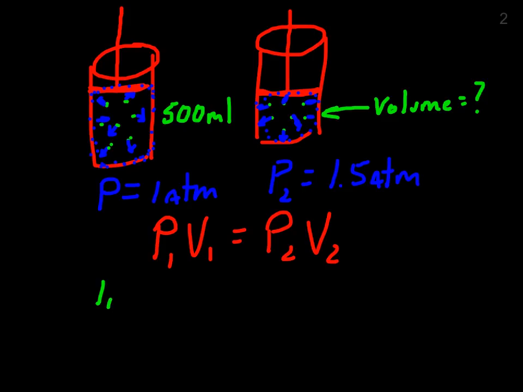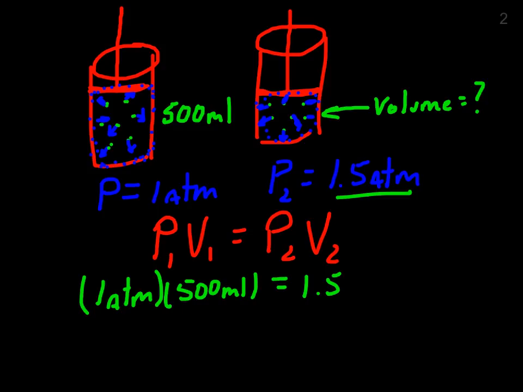So I have 1 atmosphere for P1. I'm going to multiply that times a volume of 500 milliliters for V1. That is going to equal P2, which is 1.5 atmospheres, times this new volume V2.